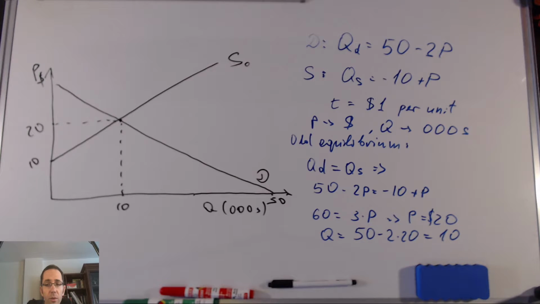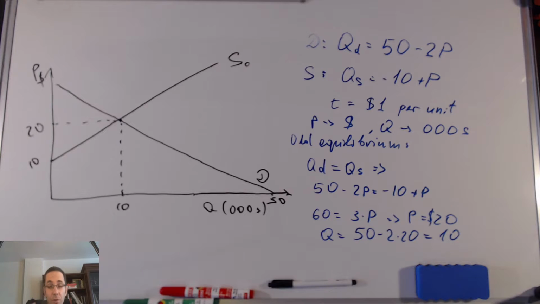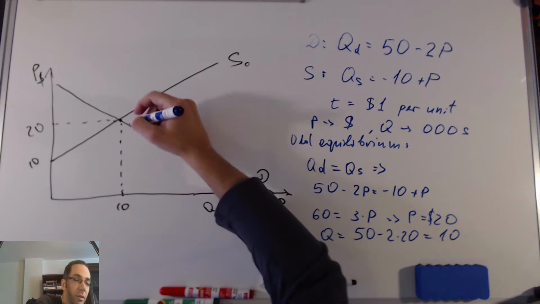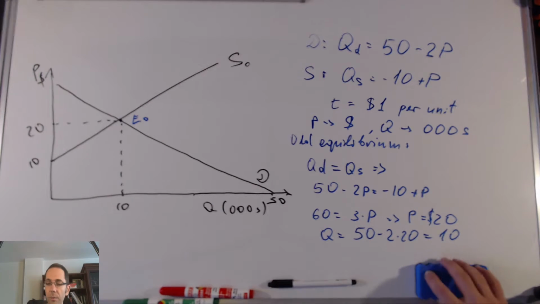Now, we want to calculate what happens to this market once the tax is placed. And to do this, we'll need to modify the supply equation. So what we have to do next is calculate a new supply equation, one which will take into consideration this new tax, in order to be able to figure out where the new equilibrium will be. We can mark this as E0, the old equilibrium. So I'll need some space.